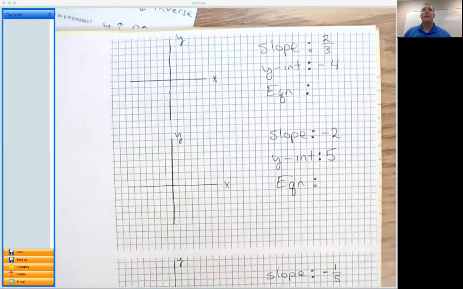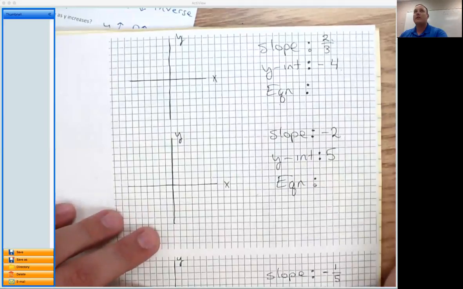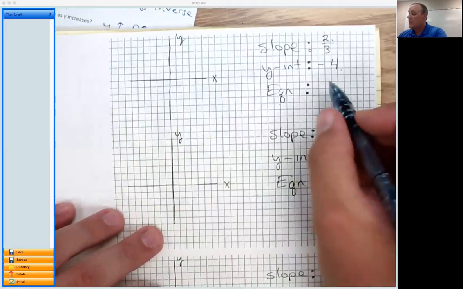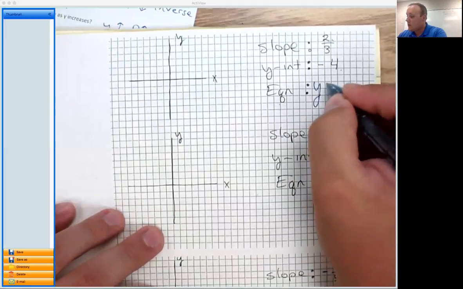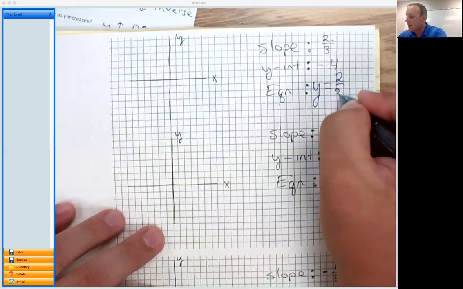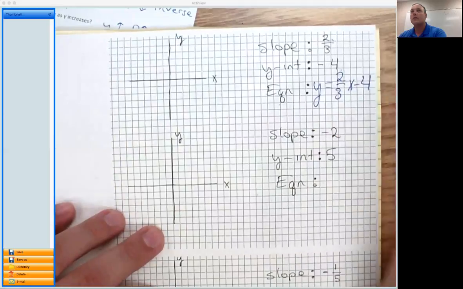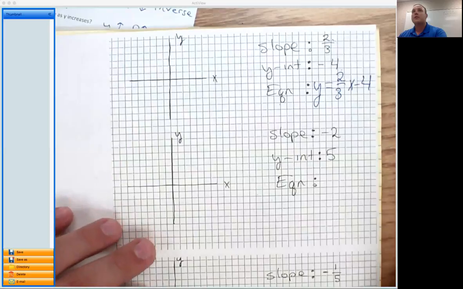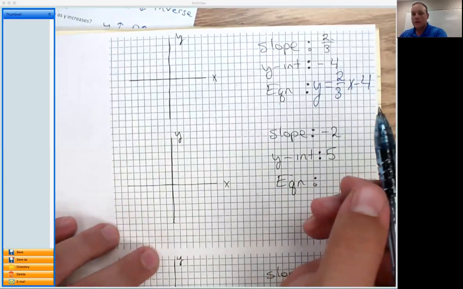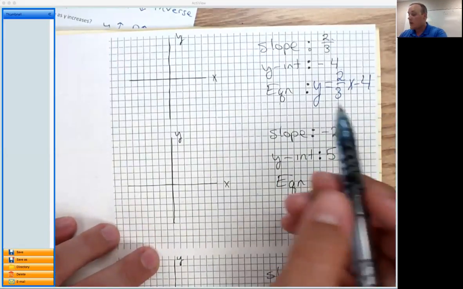So here it's been the opposite. Now I'm giving a slope and y-intercept, and we have to graph it. So if I wanted this in equation form, this would be y equals 2/3 x minus 4, right? So I start where? Y-intercept, which is -4.